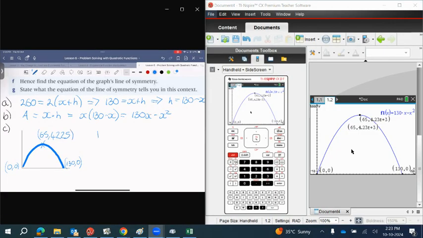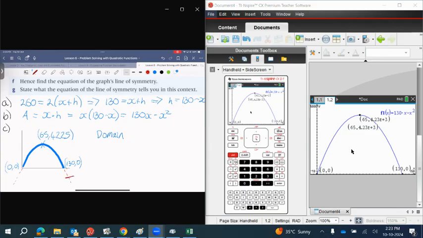What would the domain be? Would the domain be sensible as all real numbers? So what's going to happen to this graph if x is more than 130? It's going to continue like this, doesn't it? What would the y value be here?